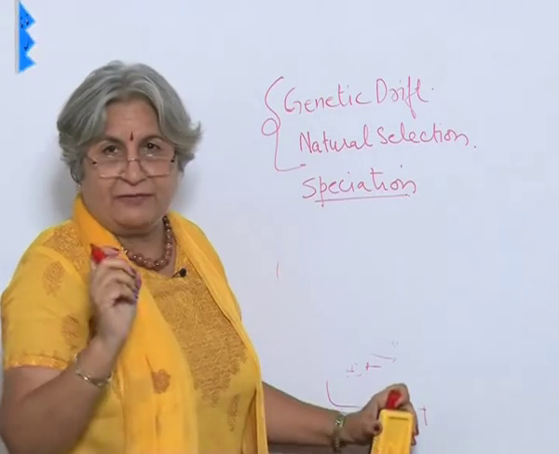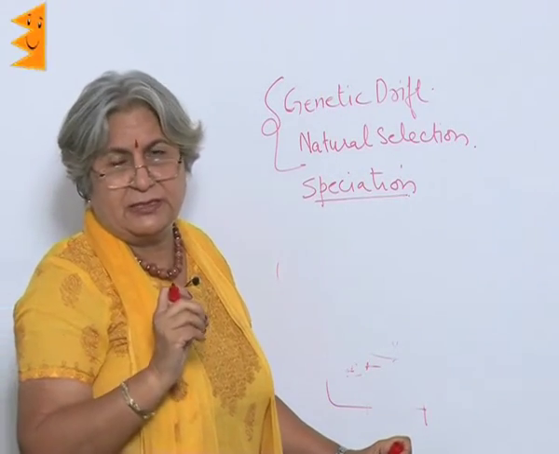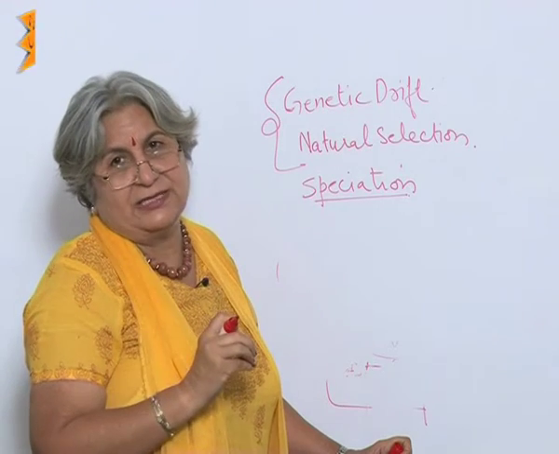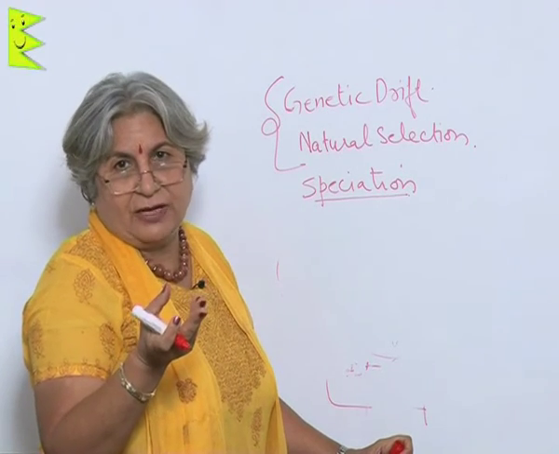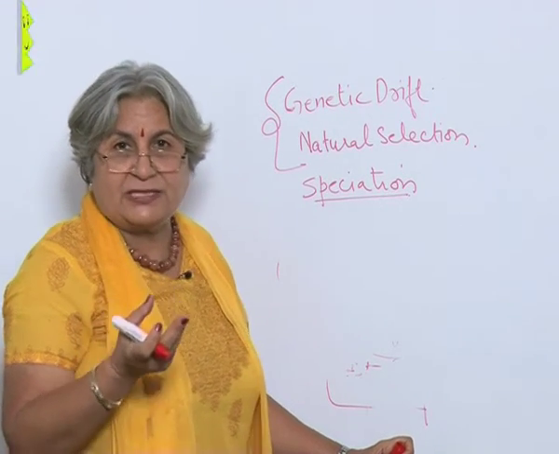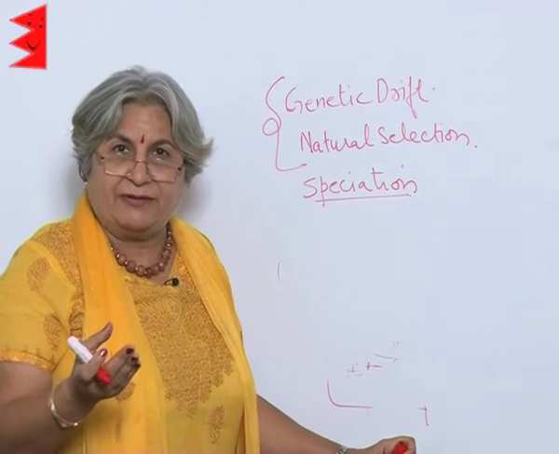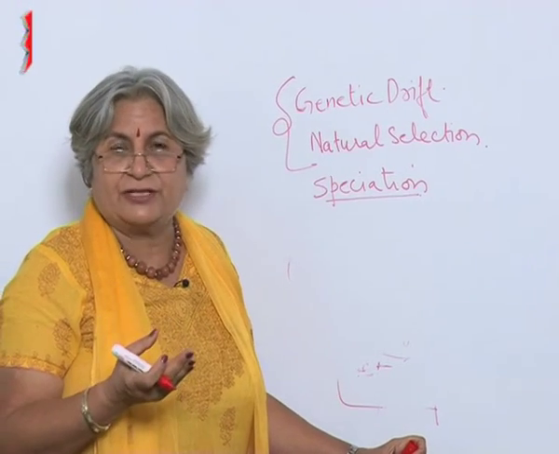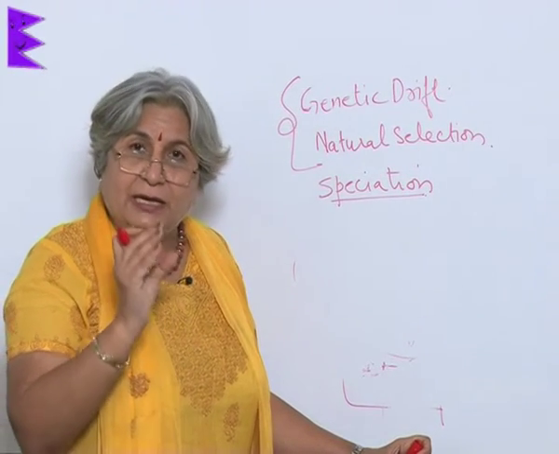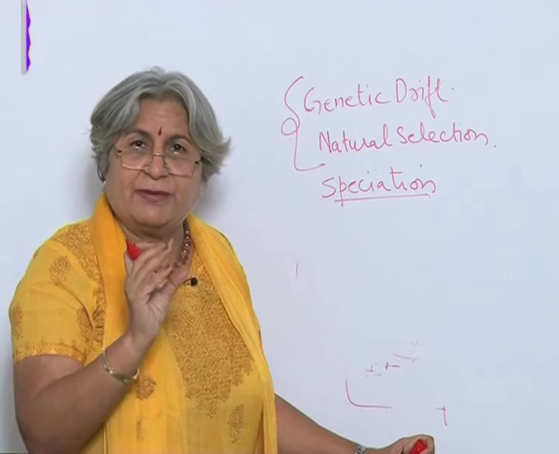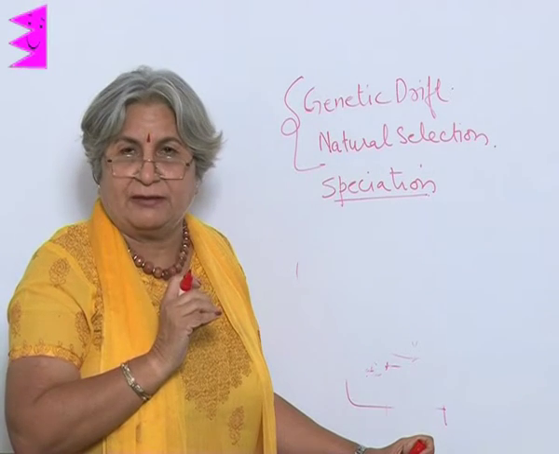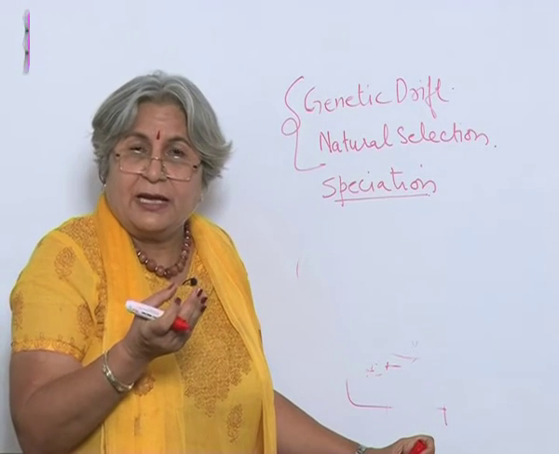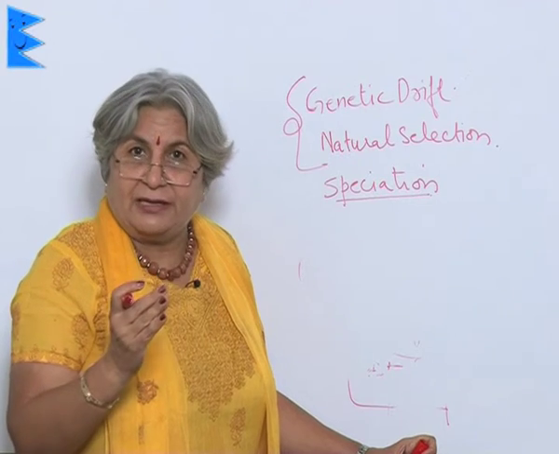The examples that we took, say in the case of beetles, we were talking of very subtle changes like change of color. But there is a possibility that over many generations, due to accumulation of variations, two individuals may be entirely different from each other. So much so that they are then grouped differently.